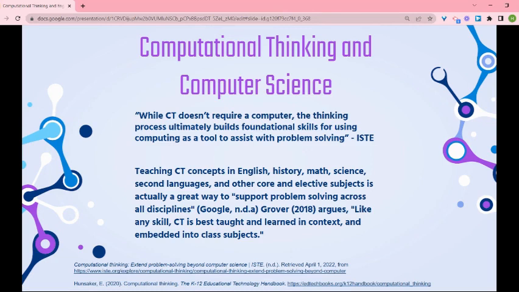I just happened to think, and I want to bring this back around, because I really said that this was going to be about the engineering design process. Solving problems using something like the engineering design process or the design thinking process is a really engaging way for students to solve problems.